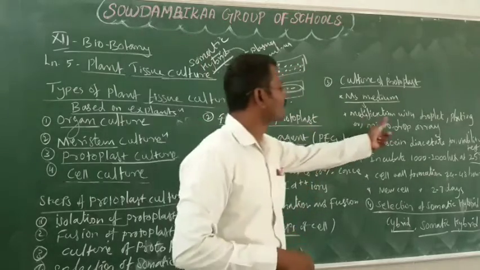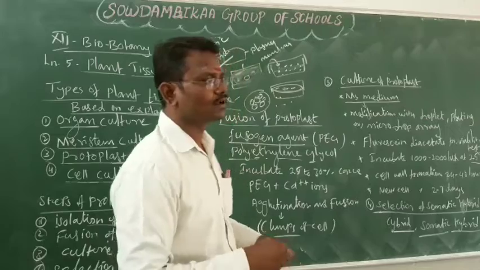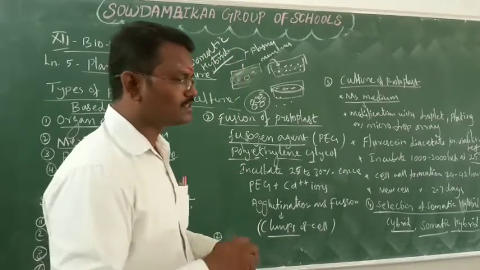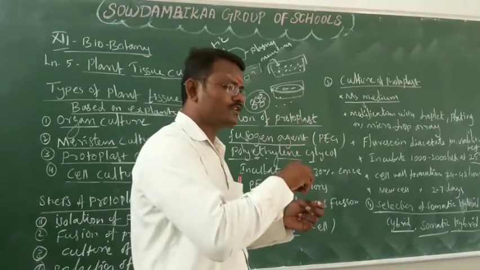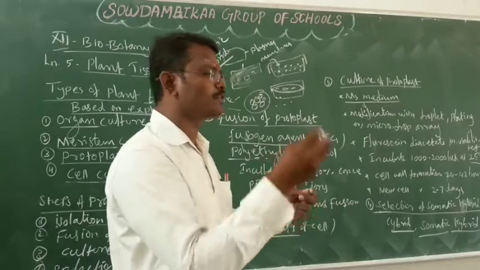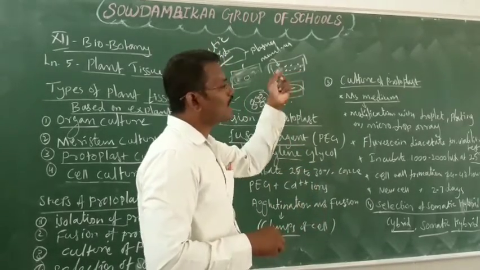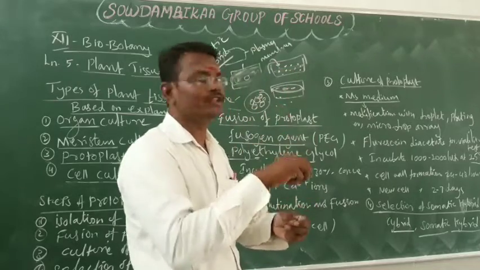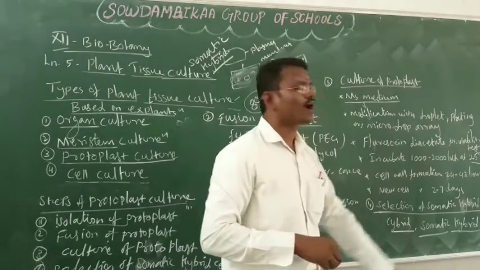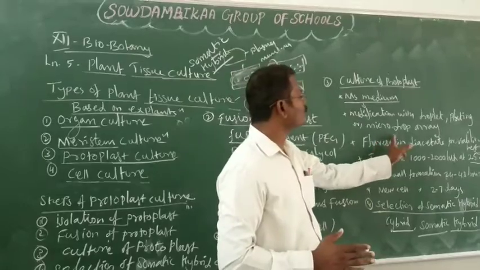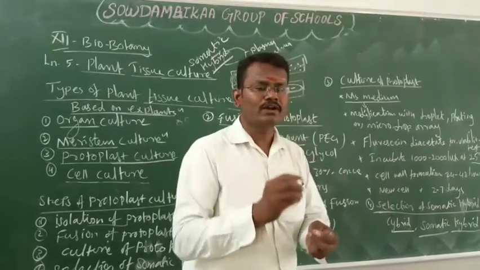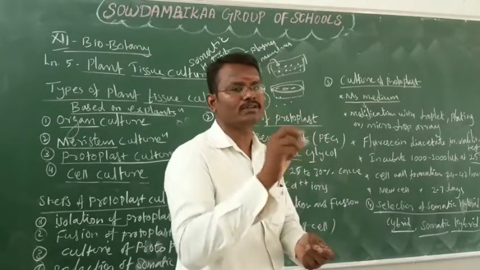There is a modification. In tissue culture, we first take the medium and then transfer the explant. Here, we take the protoplast first and after that drop the medium. That is the modification with droplet plating or micro drop array, where we take a single protoplast culture.